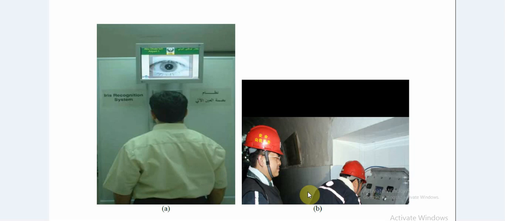For example, in a coal mine, you cannot use fingerprint or face recognition systems to identify and authenticate the workers, because in most cases their face and hands are covered with black materials. So they use iris recognition in order to let a worker enter the working place.